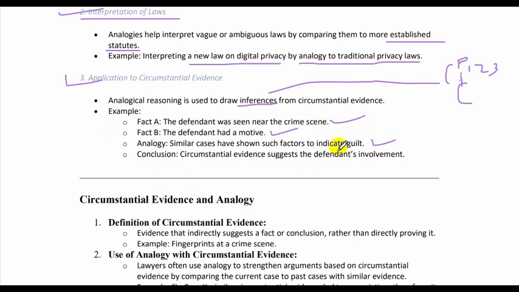Means the person may be guilty because he was near the crime scene and he also has a motive. So the lawyer can come to an inductive reasoning, an inference, to show that this may indicate some kind of guilt. Conclusion: circumstantial evidence suggests the involvement of the defendant.